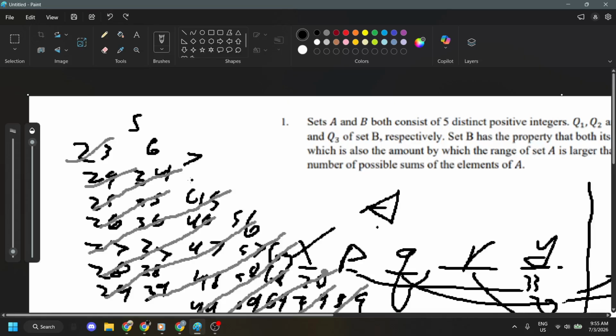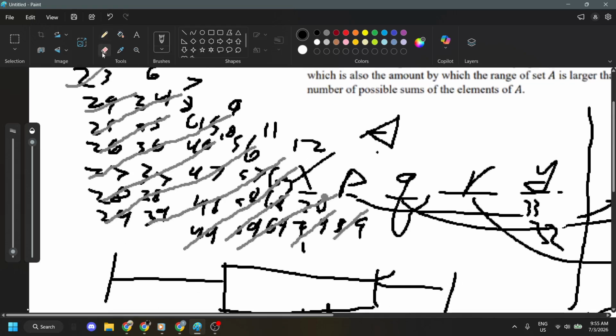Or no, this is 8, 9, 10. 10 is in here. 9, 10, 11, 12. This is 13, this is 14, this is 15. This is 15. This is 16, this is 17. Okay.